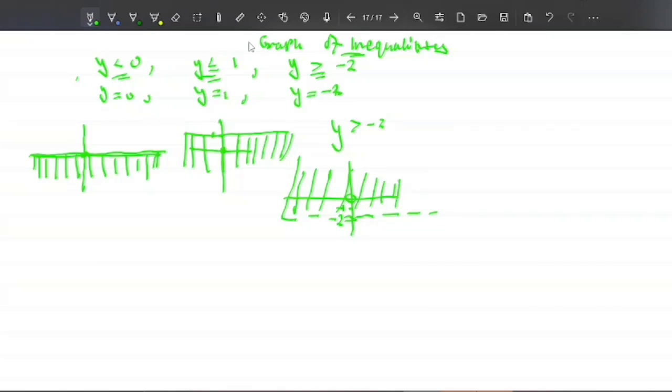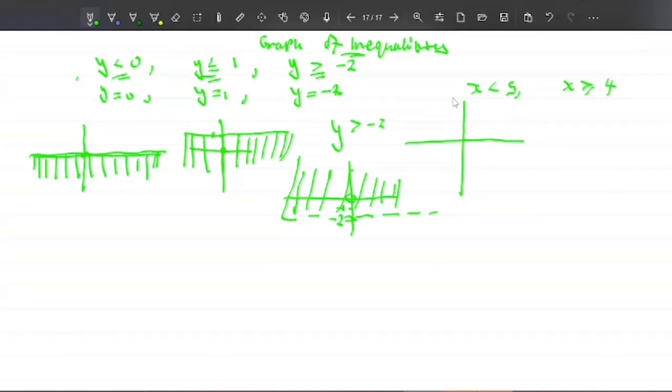So quickly, let's do something for x. Let's say we have x less than 5, or x greater than or equal to 4. All you need to do in this case is similar to that of y. You plot your x and y axes like this.